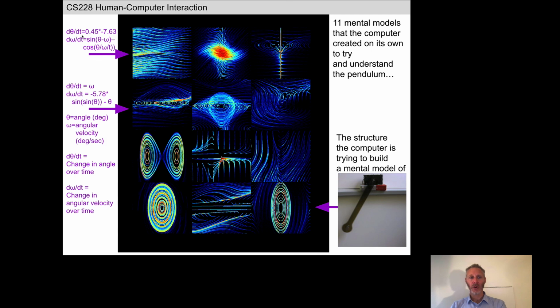You'll notice that in purple here, the computer generated this equation, which we won't go into math too much, but this equation is the computer's guess about how angle changes over time. It also made a guess about this equation, which is the computer's guess about how angular velocity changes over time.